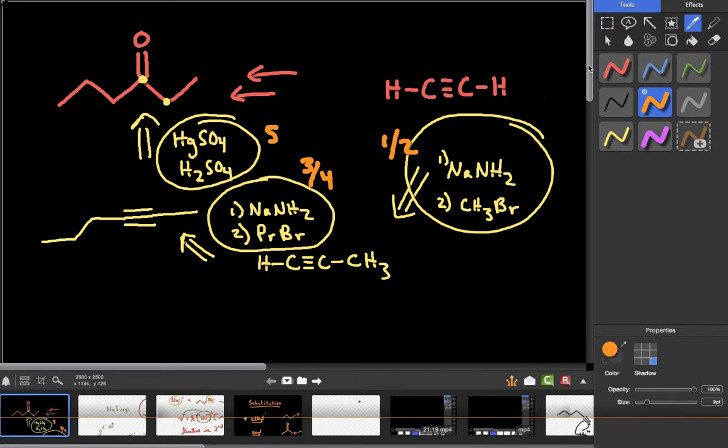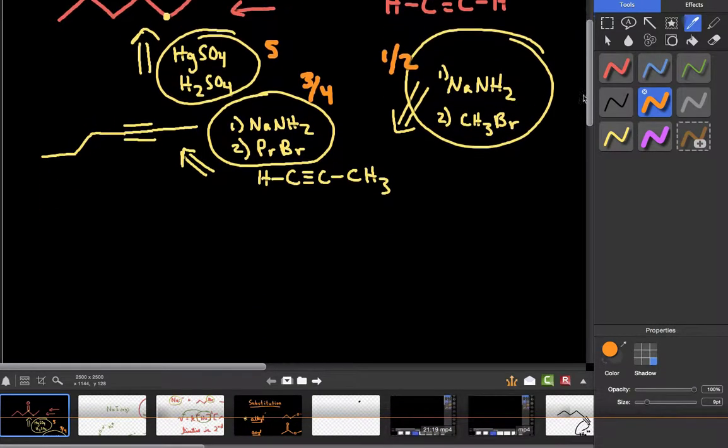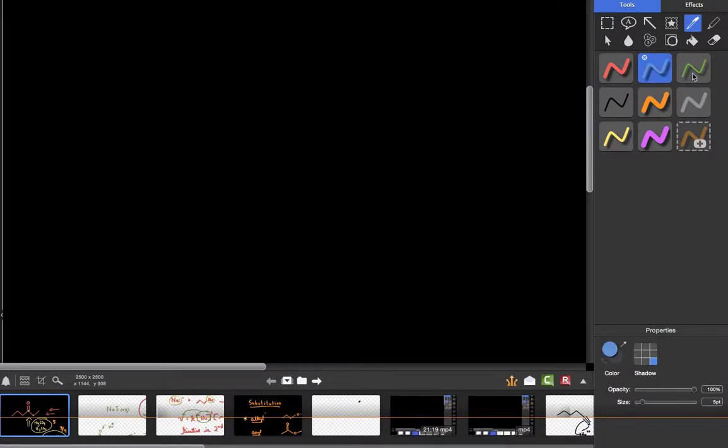So if I'm going to outline, once I've worked backwards, now I can write everything forwards like I knew it all along, which is awesome. Start with ethyne. Step 1, NaNH2. Step 2, methyl bromide. Step 3, NaNH2.